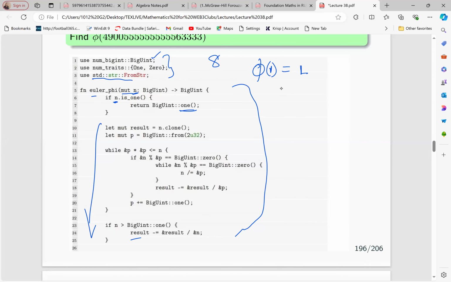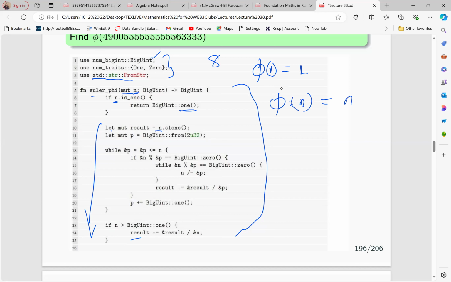If n is not 1, it says, let the result be n. That is our initial result. So if n is not 1, then we begin with the result being n. That's what it's saying.